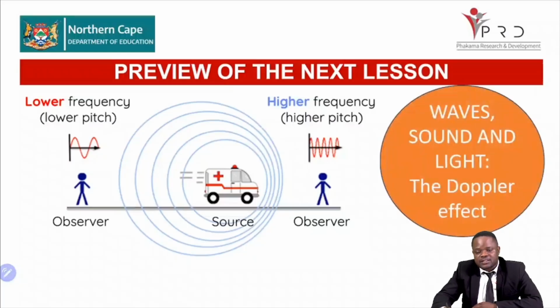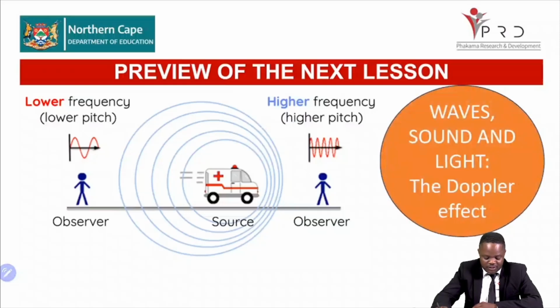In our next lesson, we shall be looking at the section on waves, sound, and light, in particular the Doppler effect. We're looking at how movement affects the frequency heard by an observer from a source.